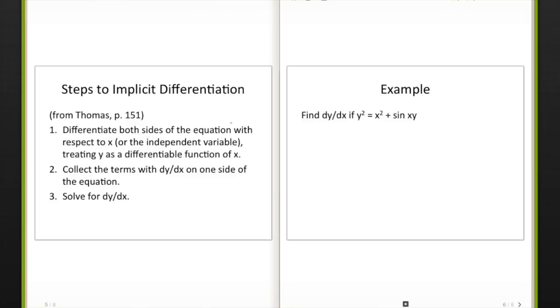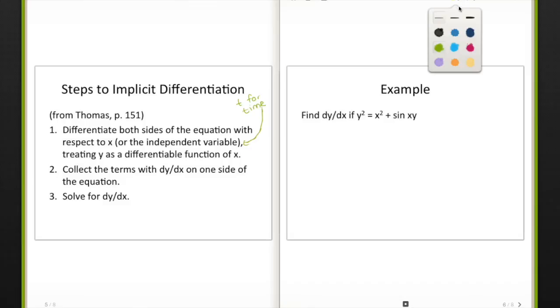All right, so we have the steps to implicit differentiation, and these come right from your textbook. Your textbook lists them as 2 steps, but I understand them better as 3 separate steps. The first step is to differentiate both sides of the equation with respect to x, or whatever your independent variable may be. When we're using this process next week for related rates, this will usually be t for time.